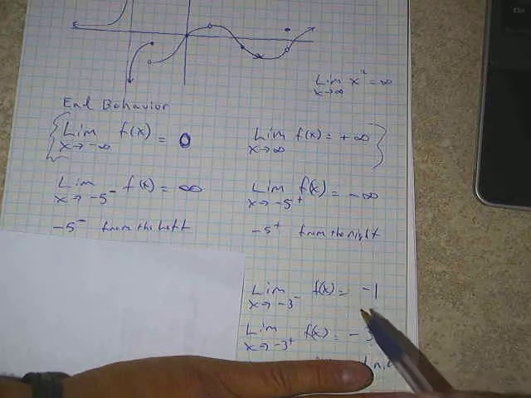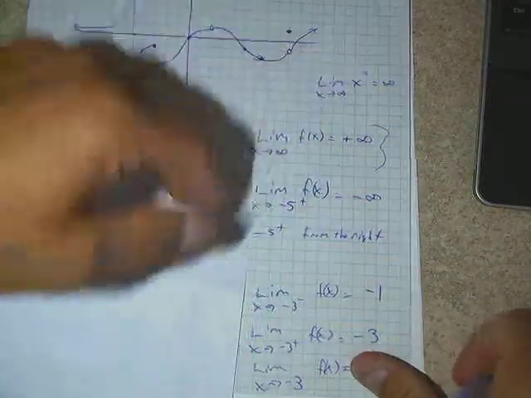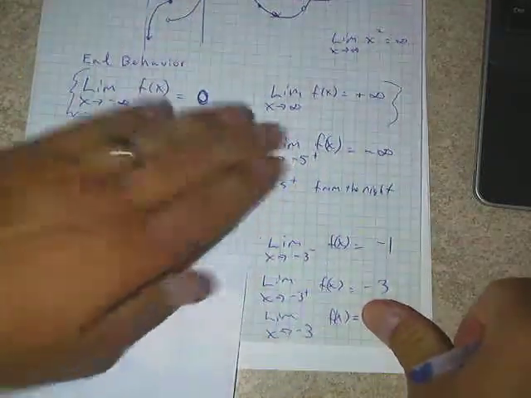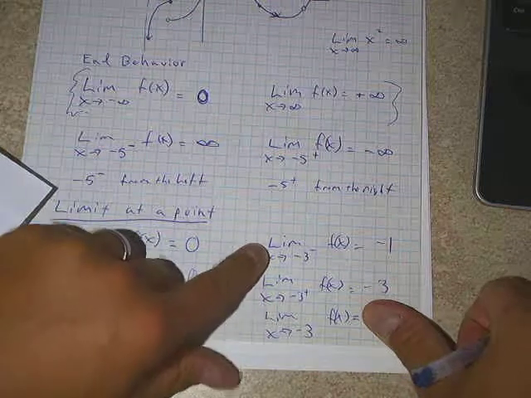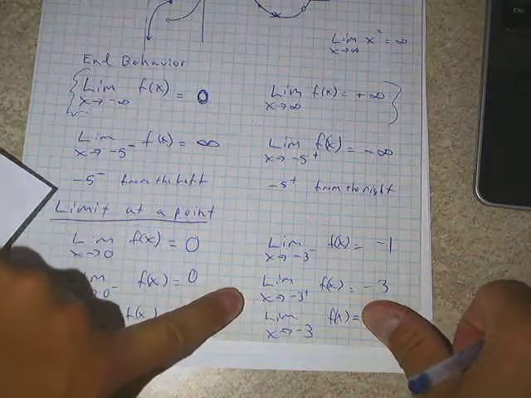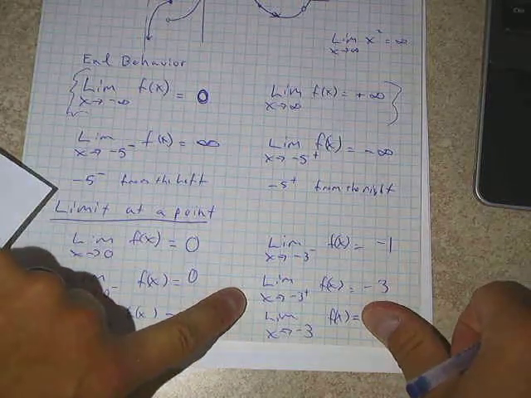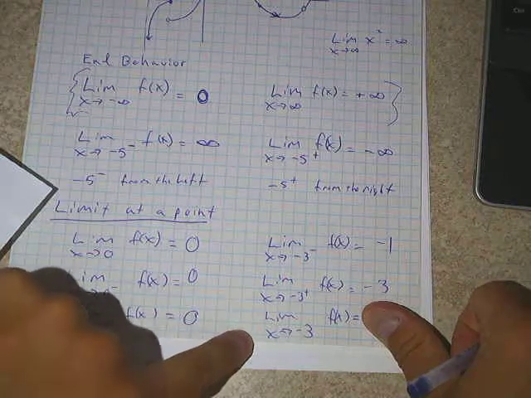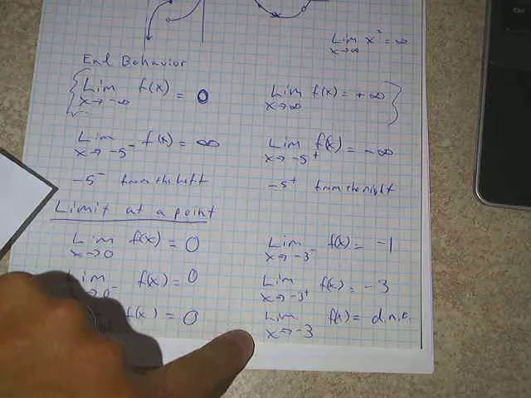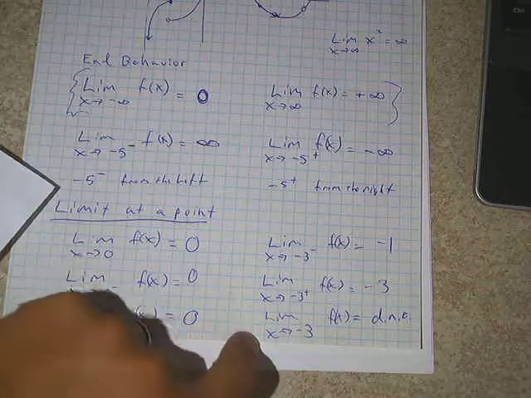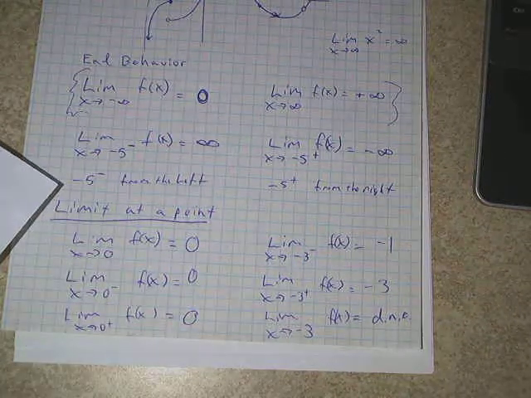Now, one final question about that -3: is there an answer to this question? We can see that there is a left-hand limit. We said that's -1. There's a right-hand limit. That's -3. And so the question is, is there a limit at -3? The answer is no, there's not.